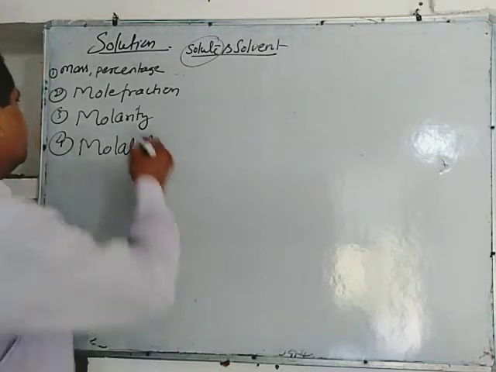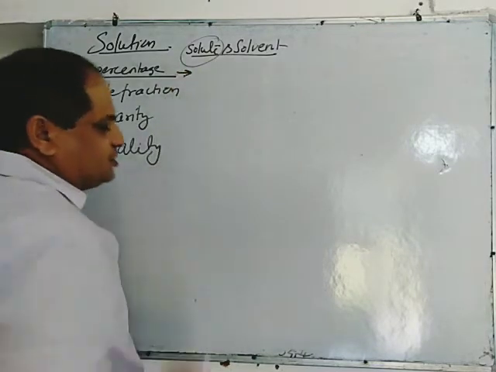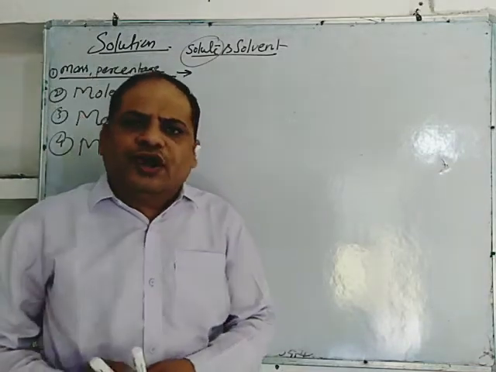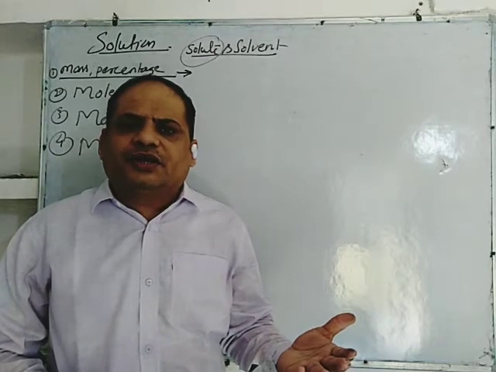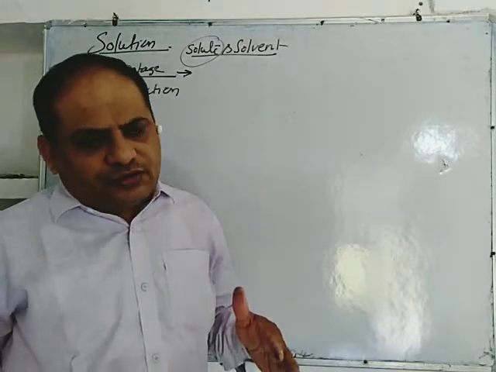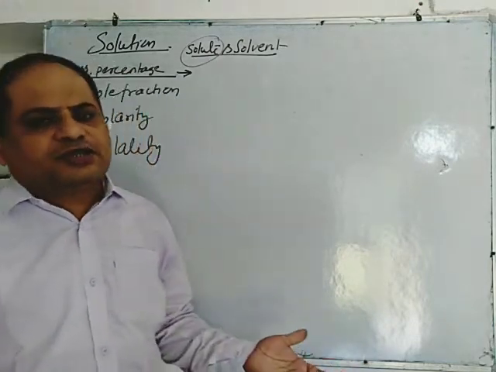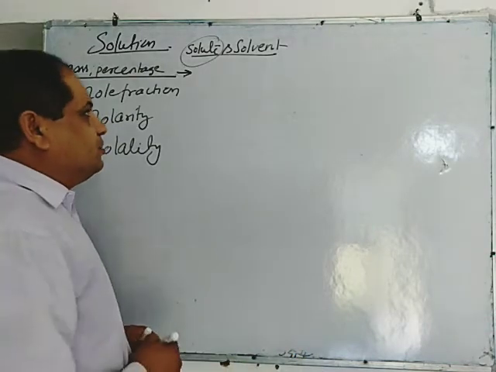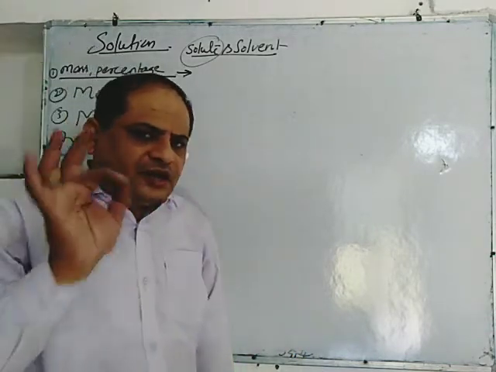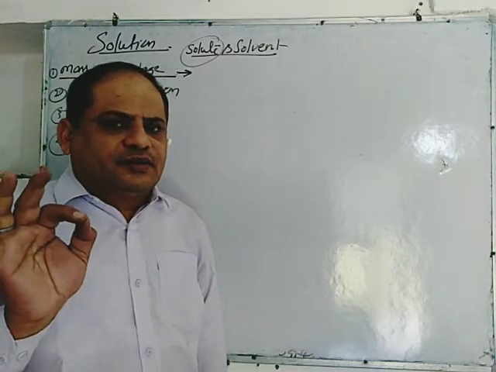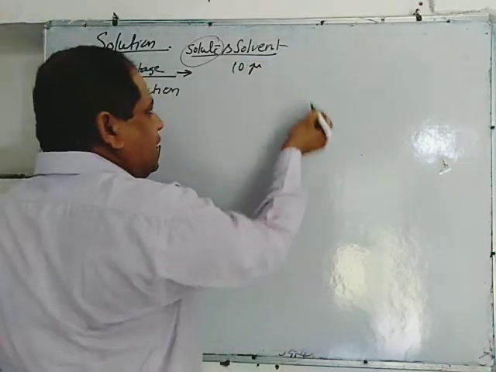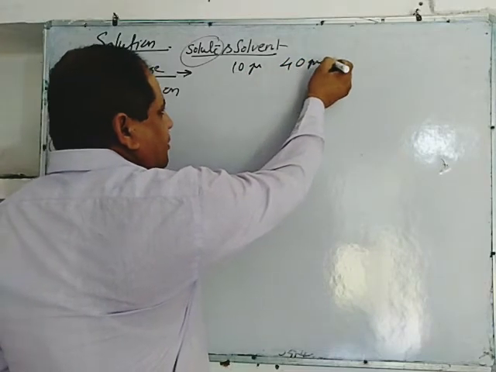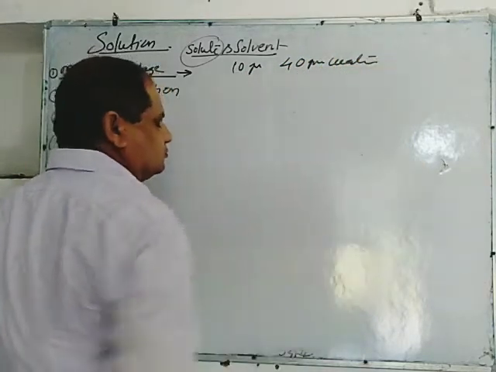So first of all, see mass percentage. The number of grams of solute present in 100 grams of solution is called mass percentage. For example, 10 grams of a substance dissolved in 40 grams of water.